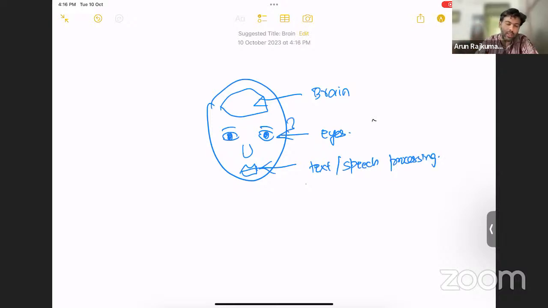Ears and mouth together hear and speak, which is basically how we are able to transmit communication from one person to another using natural language, right? And different cultures have evolved with different languages. Even in this Zoom call today, we have people who communicate in Tamil, we have people who communicate in Telugu, and all of us do it in English here.